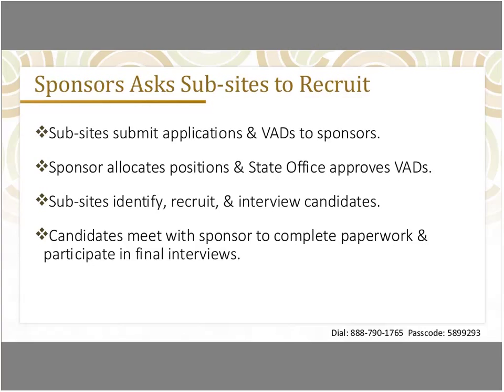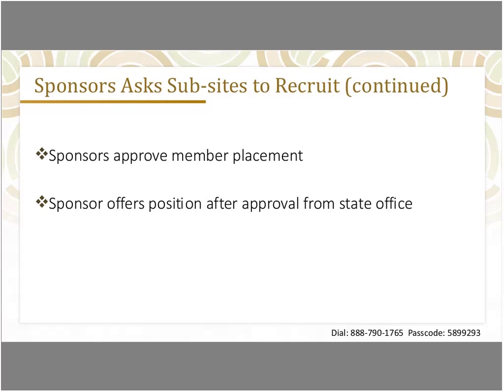It just depends on which way works best for you. And also to look at the next part to this is that the sponsors then approve the members. The next slide, the sponsors then approve the members' placement, and then the sponsor offers a position after approval from the state office.